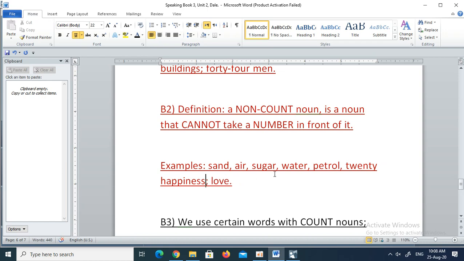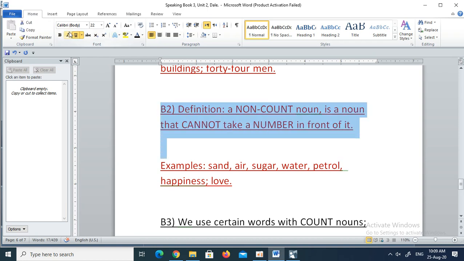We just refer to happiness. I cannot say 50 air or 70 sugar. That would be wrong. I say sugar or I say air. We cannot count it. So it does not take a number in front of it. Therefore, it is a non-count noun.